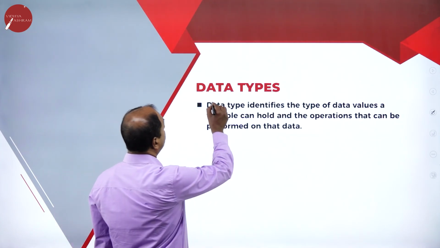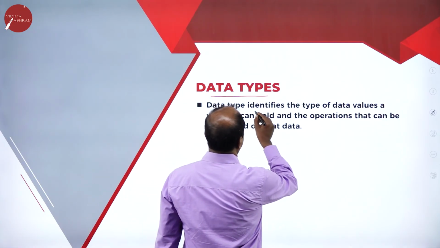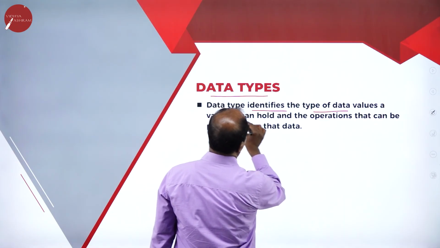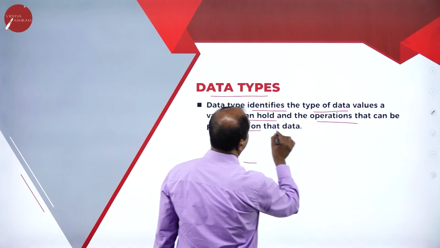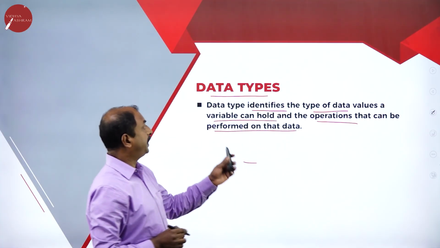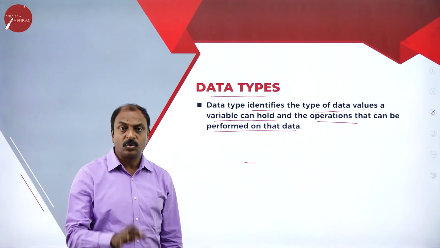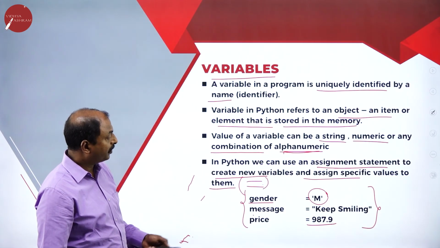Next we move on to data types. What are data types? A data type identifies the type of data values a variable can hold and the operations that can be performed on that type. It is going to identify what type of value we are going to store in a variable. In the previous slide, we learned about variables.